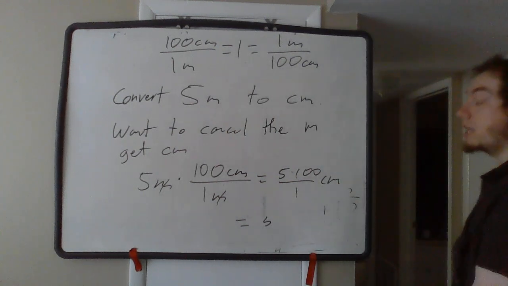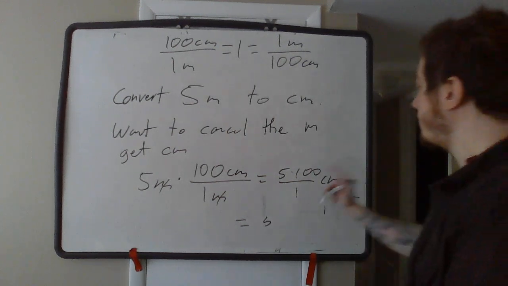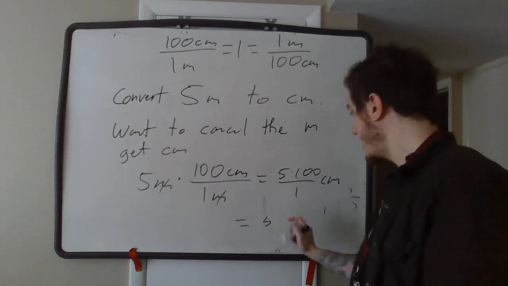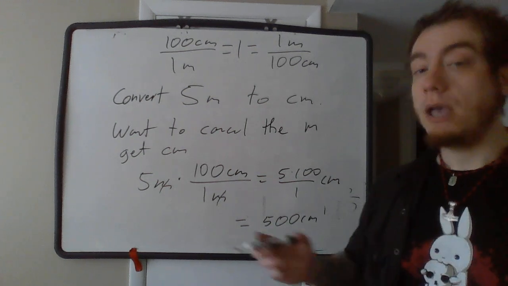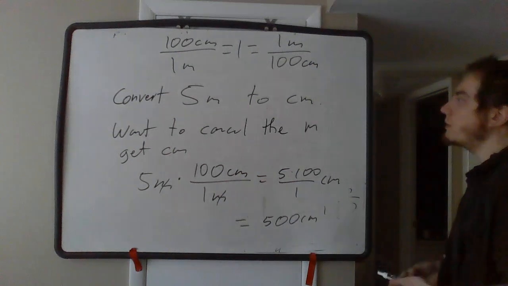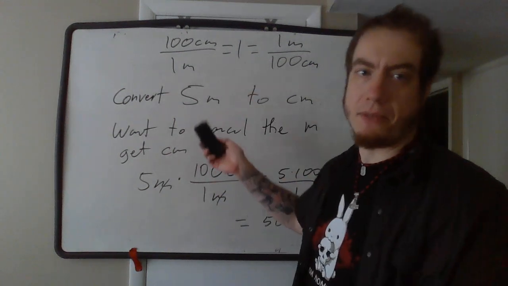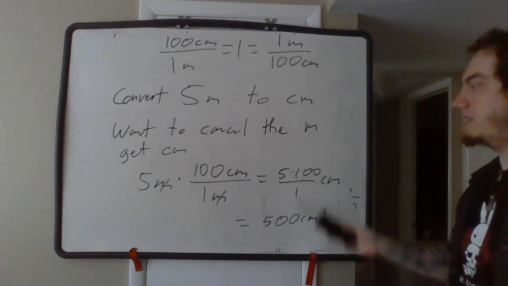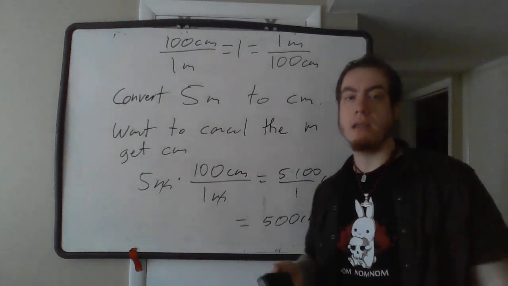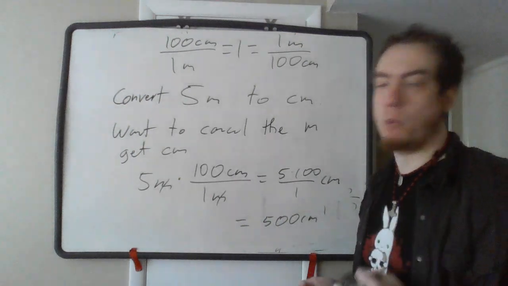I'm apparently looking at the wrong thing here. I get 5 times 100 centimeters, which comes out to be 500 centimeters. Okay, exactly what we would sort of get if we just thought about this directly. But I want to focus on the method that we use, because this is the method we're going to be using in more complicated situations as well.